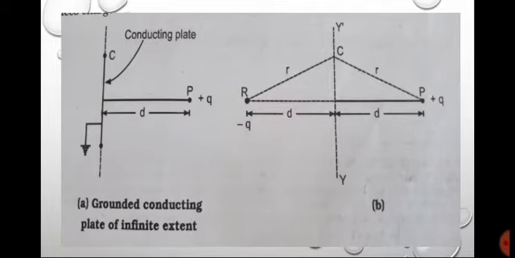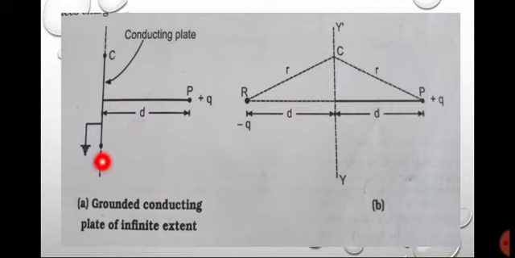So, the concept of electrical image can be understood by considering the simplest problem of a point charge near an infinite grounded conducting plate. Let the charge plus q be placed at a perpendicular distance d from the surface S of a grounded conducting plate of infinite extent.